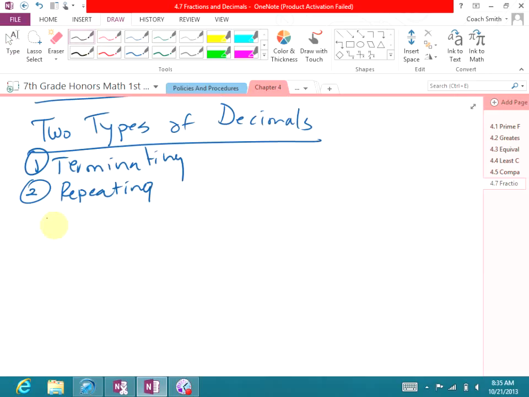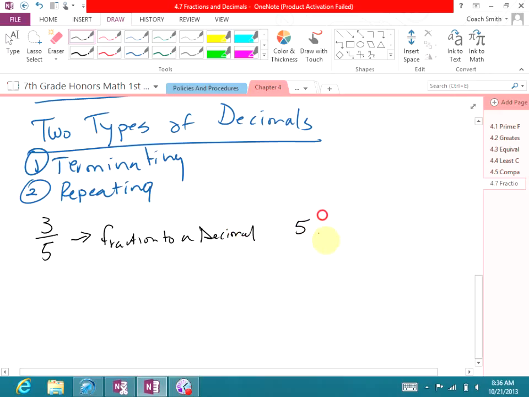3/5. We just talked about that if we wanted to change an improper fraction to a mixed number, we did what? We divided, okay? And what did we divide? We divided the bottom number into the top number. So to change a fraction to a decimal, you do exactly the same thing. We take 5 and divide it into 3.